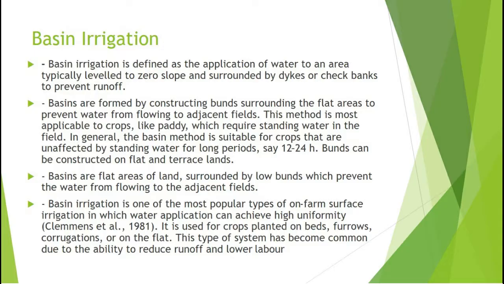Basin irrigation is defined as the application of water to an area typically leveled to zero slope and surrounded by dikes or check banks to prevent runoff. Basins are formed by constructing bunds surrounding the flat areas to prevent water from flowing to adjacent fields.